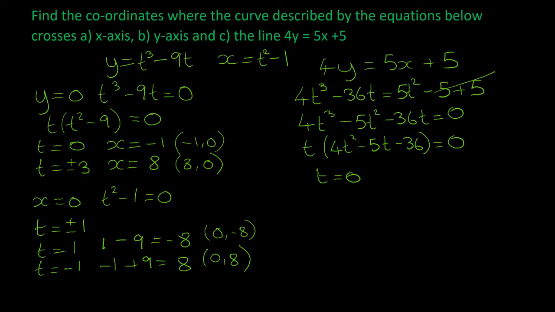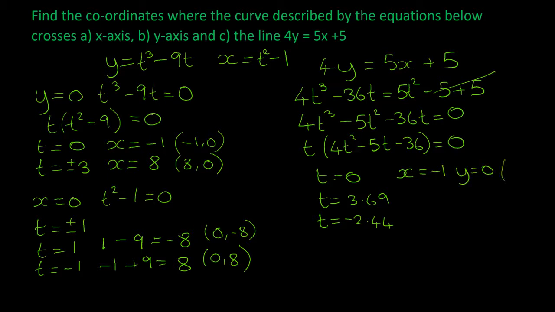And then if you use your quadratic formula to solve the other one, then you'll get t equals 3.69 to 3 significant figures, or t equals minus 2.44.